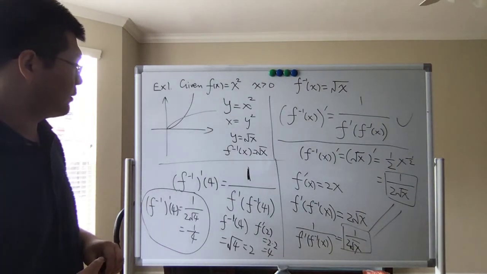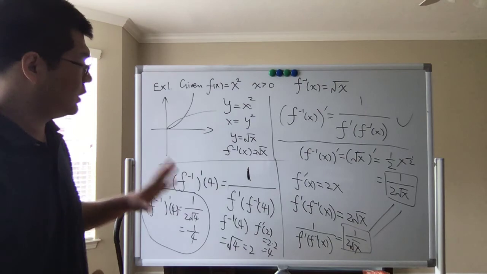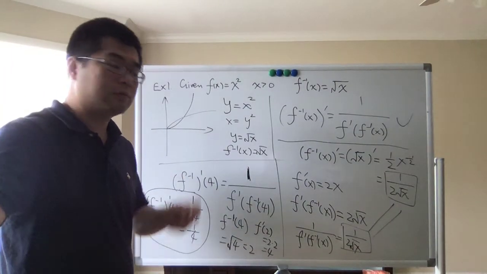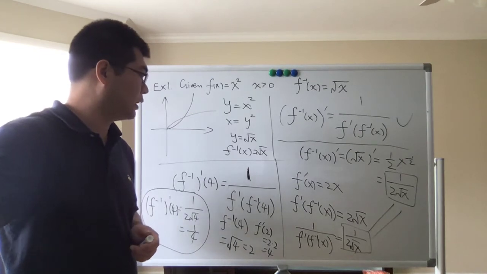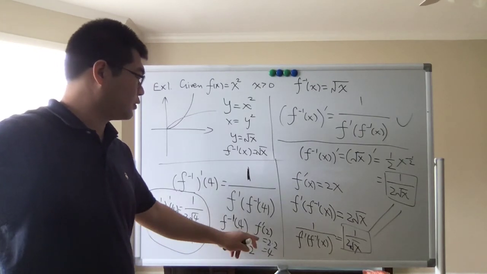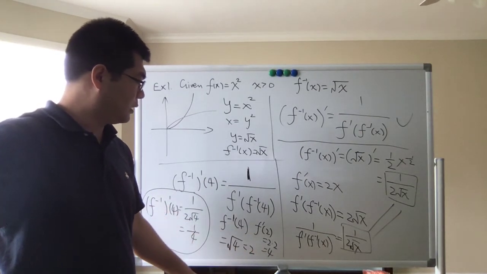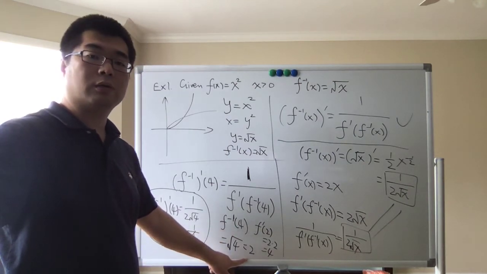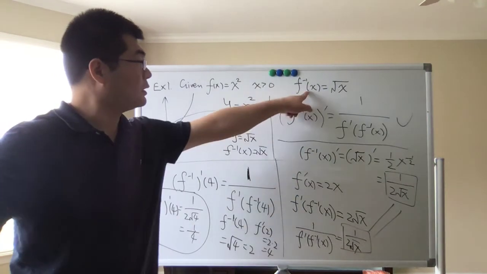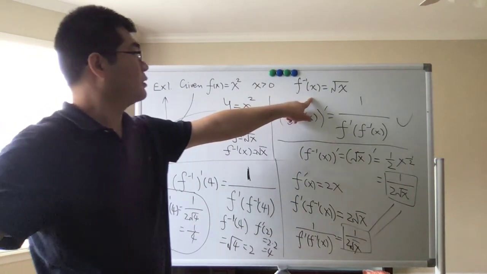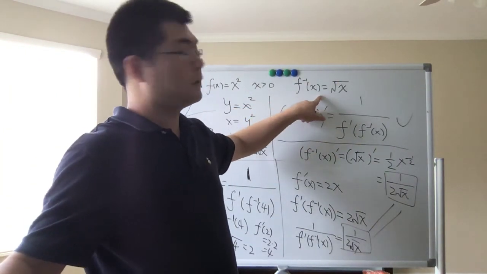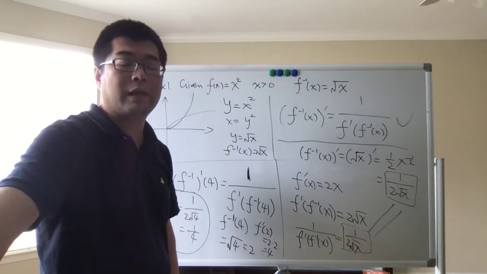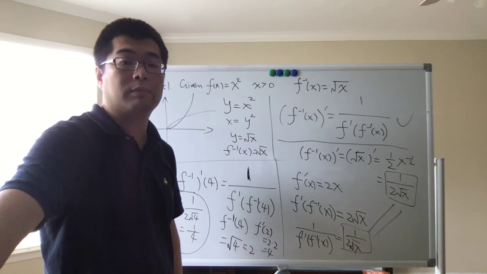However, guys, before we stop here, I would like to make one note. In this problem, I figured out f inverse of 4 equals 2 this way. But sometimes I do not want to find f inverse, because a lot of the time the inverse function might be very complex.